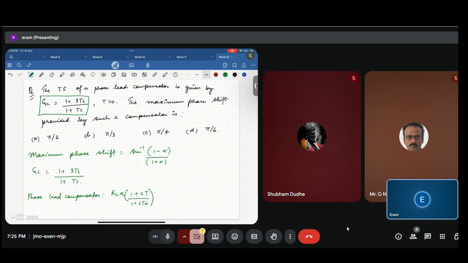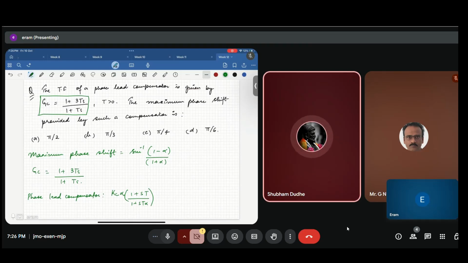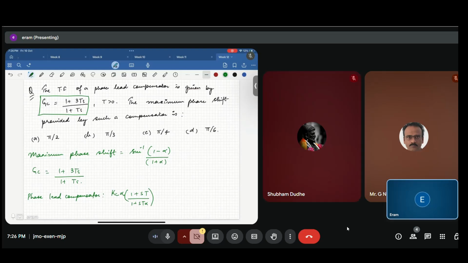So in the numerator we should have ST. Taking 3 common, you will have 3 times (1 by 3 plus ST). But this is not the standard form. Then what can we do?